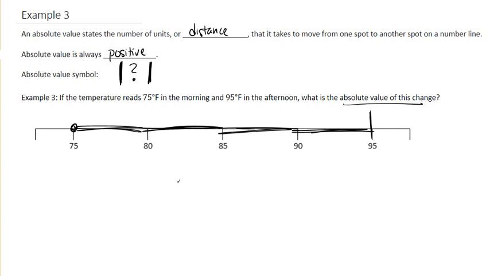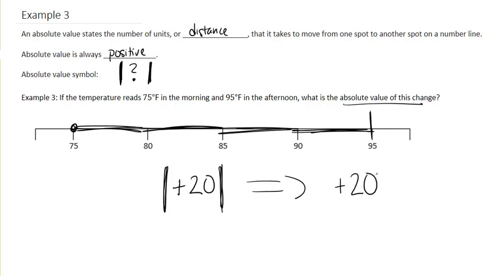So we would say it's +20, and because it's an absolute value, we'll put an absolute value sign. Now, when we put anything in the absolute value sign, this makes any number inside of it positive. So this would then just become +20, because that would be the absolute value of this change. So let's look at another example.